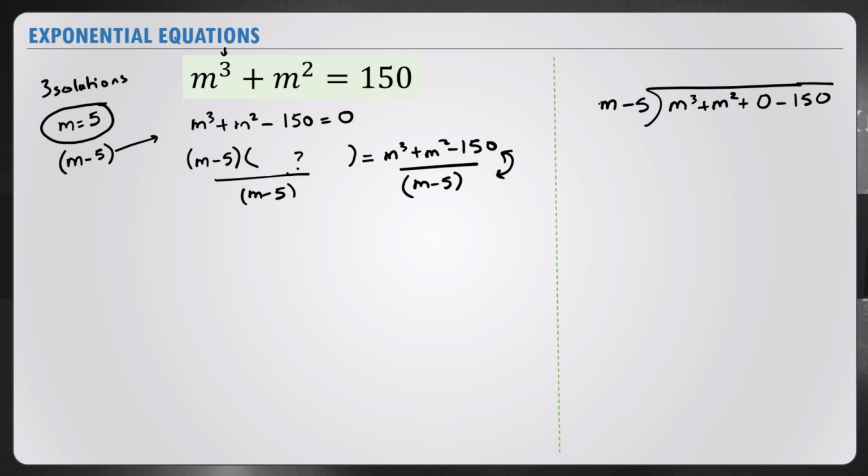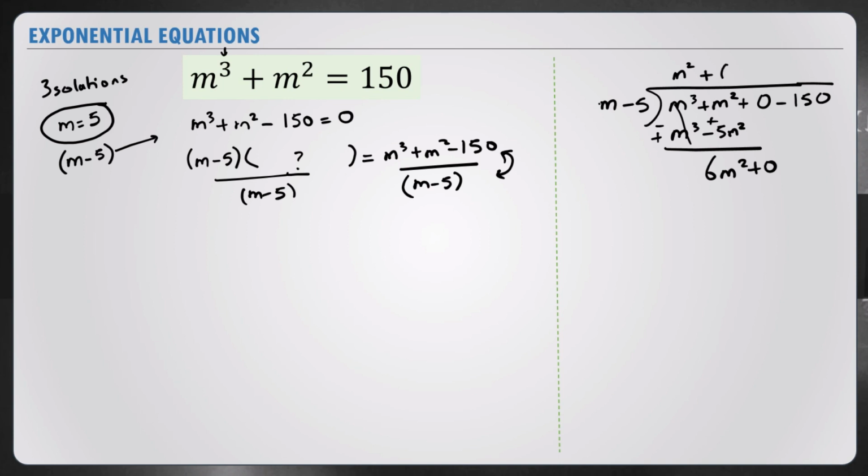All right, so we start here. We get m squared and we have m cubed minus 5m squared. We subtract and we get 6m squared. Bring the 0 down. What would give me 6m squared?